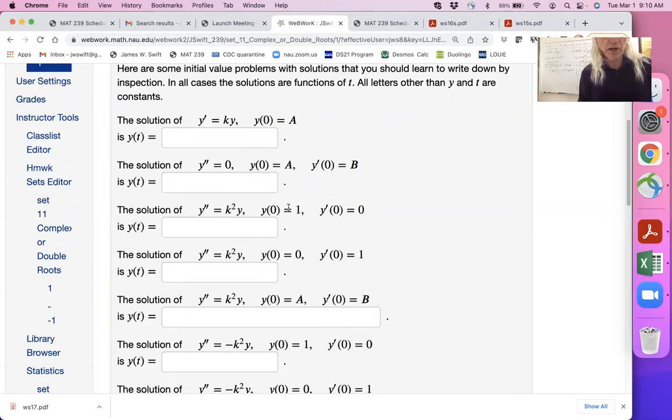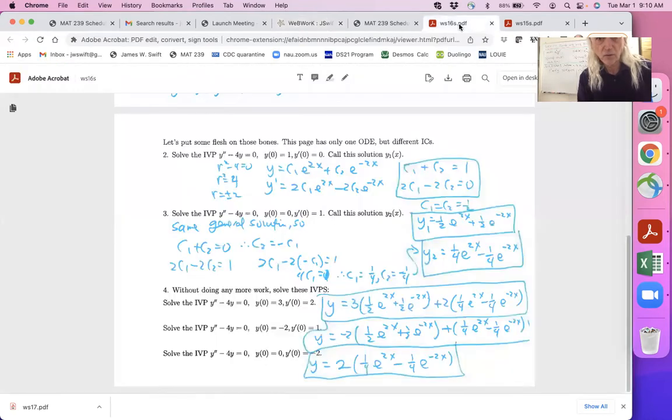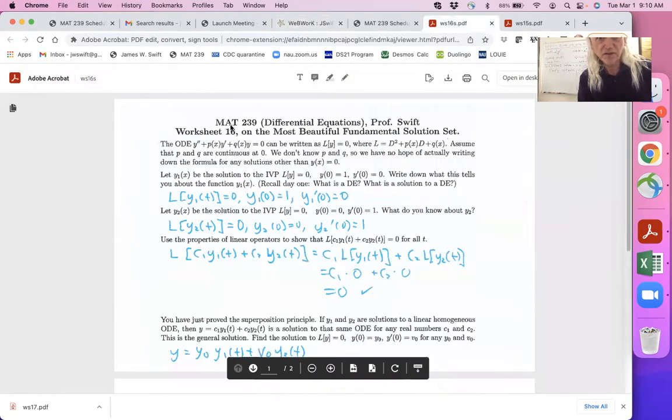Then I'm going to find this most beautiful form of the fundamental solution set. I have one solution where y of 0 is 1 and y prime of 0 is 0, and another solution where y of 0 is 0 and y prime of 0 is 1. I think it was in worksheet 16 where the name was the most beautiful fundamental solution set.